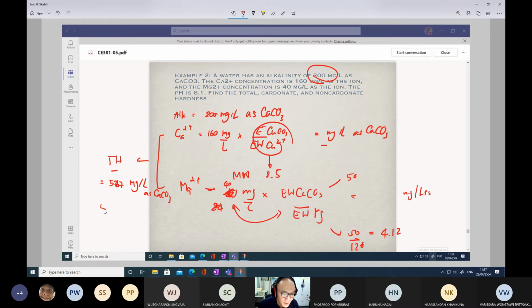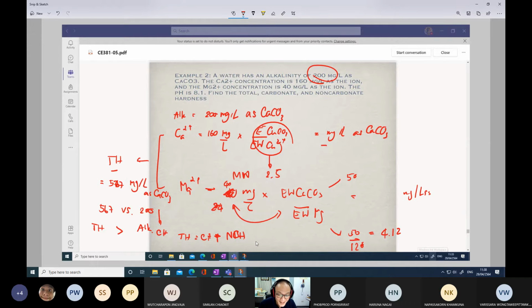So now you have to compare 567 and 200. This one is the total hardness, and this one is the alkalinity. In this case, the total hardness is greater than the alkalinity, so we can assume this one is the carbonate hardness. And then the total hardness minus the carbonate hardness gives the non-carbonate hardness.